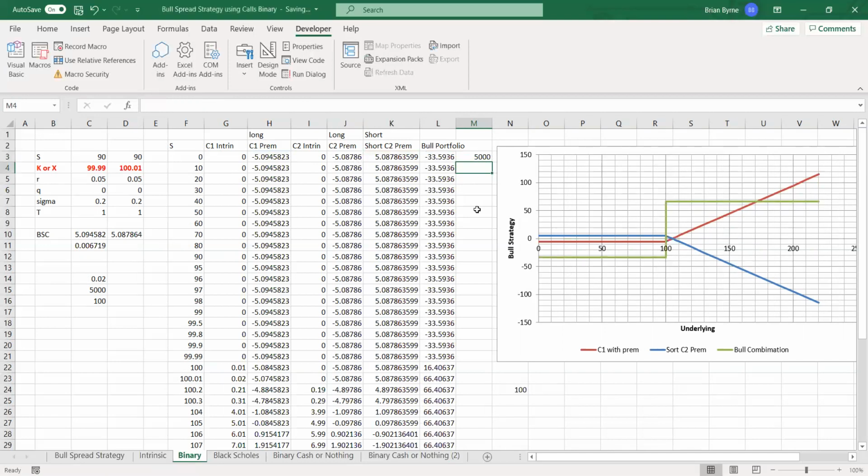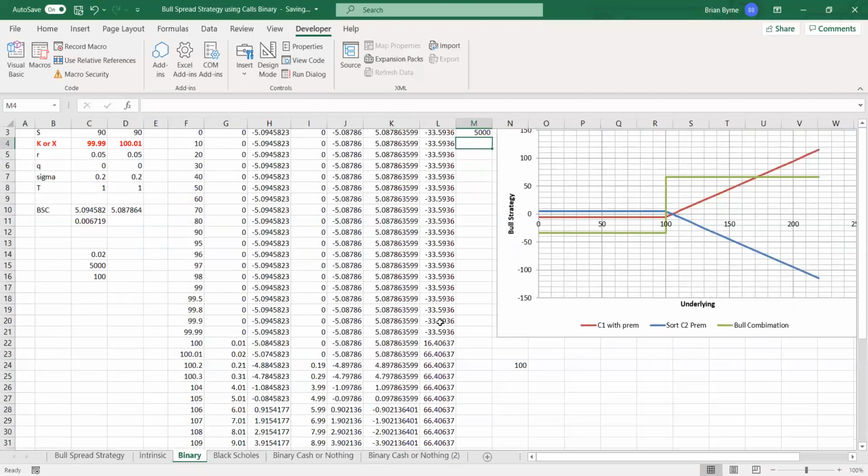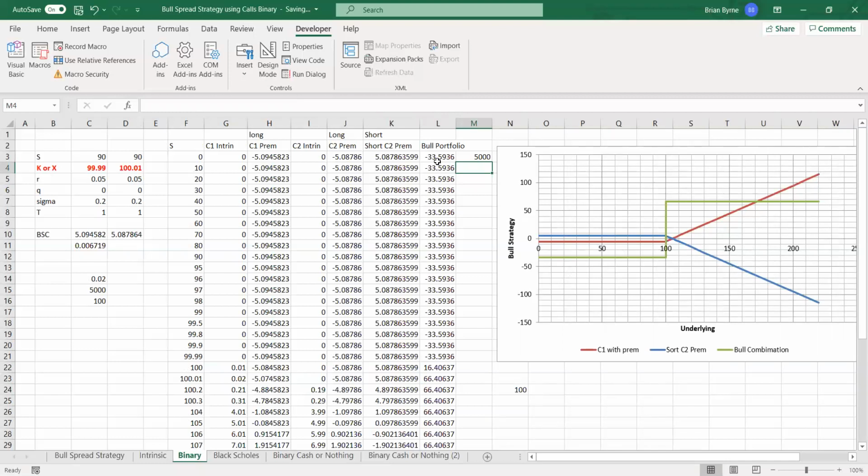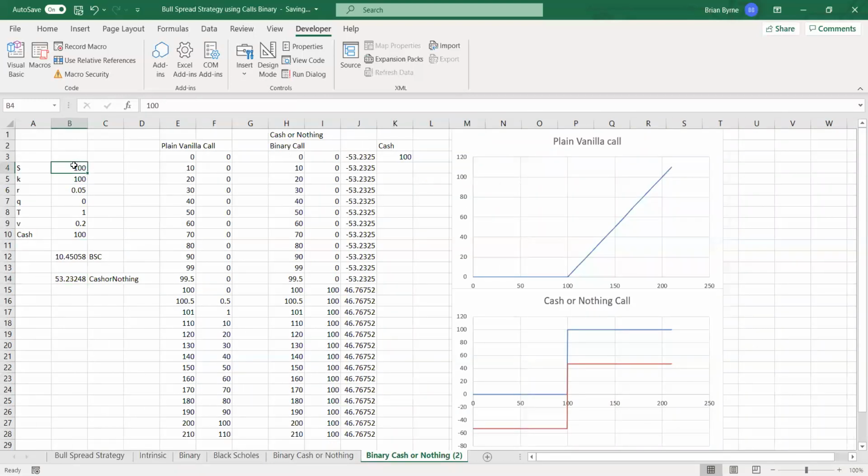Once you multiply by 5,000, you can see that we amplify the payoff on the bull spread strategy. So now we've gone from one long call and one short call to, in fact, 5,000 long calls and 5,000 short calls combined together. And the payoff here with 90, if we change this to 90 here, let's take a look.